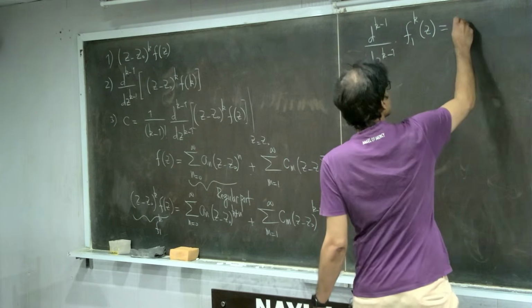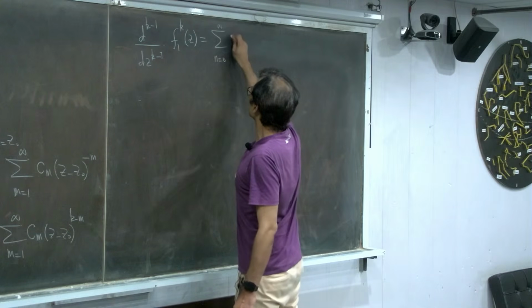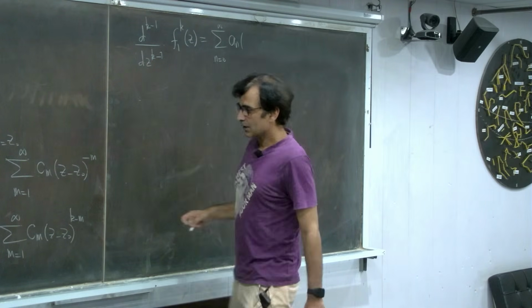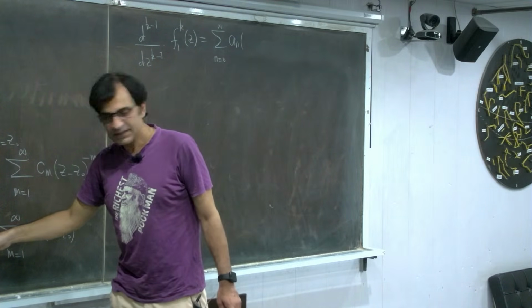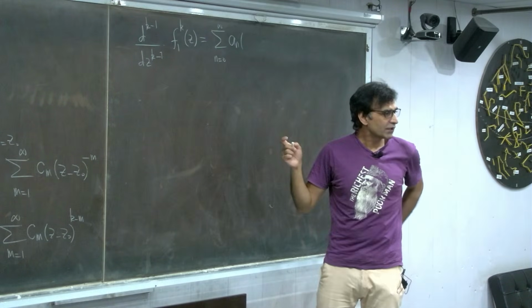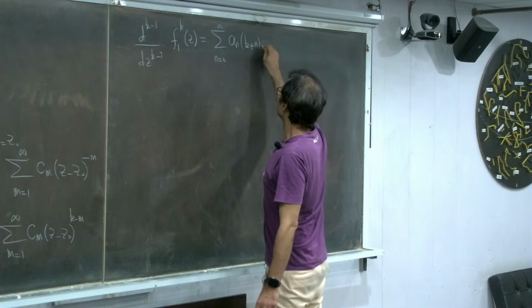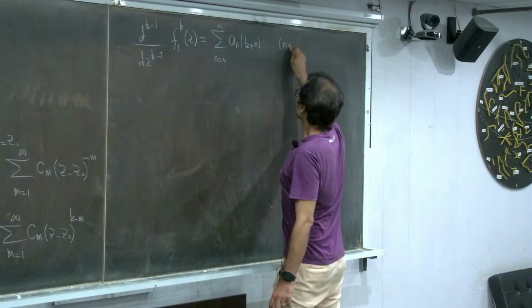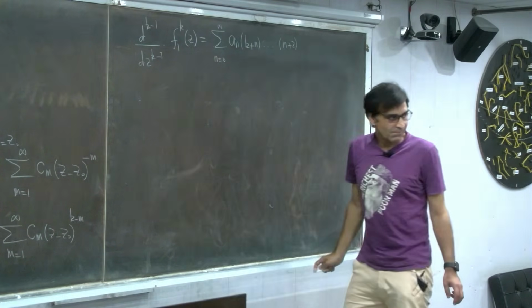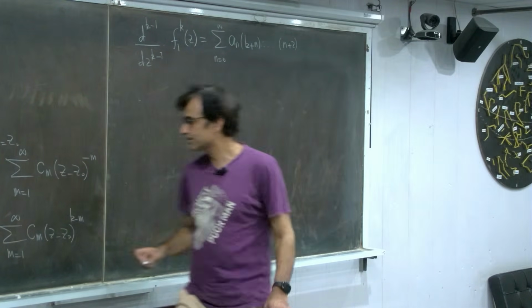So you can do the summation n equal to 0 to infinity of a_n. Then you have to take a derivative. You write k plus n minus 1, k plus n minus 2, and so on and so forth. Right? So you can write k plus n, and then you have n plus 2.